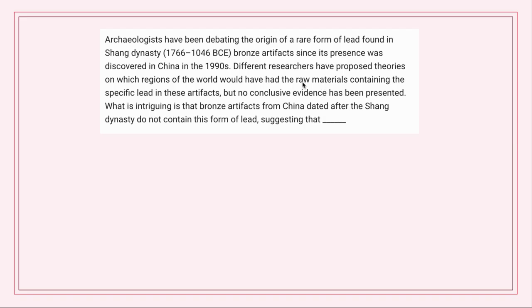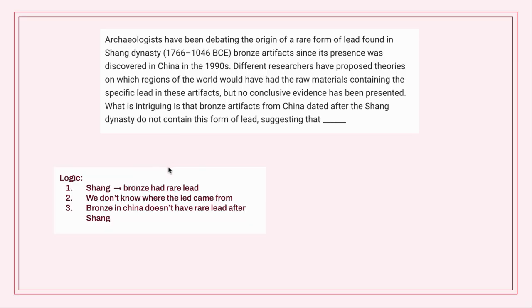And after the Shang Dynasty, the bronze artifacts don't have that sort of lead. So, if I had to follow this logic that bronze had rare lead, we don't know where the lead came from, and the bronze in China doesn't have that rare lead after the Shang Dynasty, I would say simply that wherever the raw materials came from, they stopped using it.